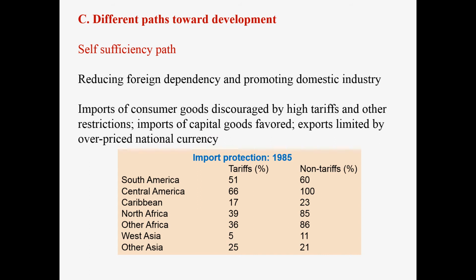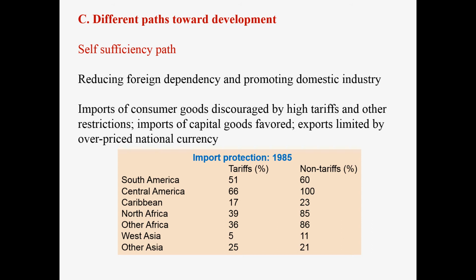The purpose is to make the import of capital goods cheaper, but in order to buy those capital goods, you have to earn hard currency, and you make your own currency so expensive that you cannot sell your product to foreign buyers, so you cannot earn enough hard currency to import those advanced machines. So that's really a self-defeating strategy in the long term.